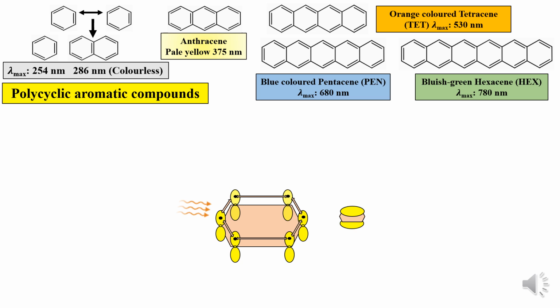When the right amount of energy provided by the UV visible radiation strikes the polycyclic aromatic compound, the loosely held pi electrons absorb the energy provided by the UV visible radiation, and they undergo transition from the ground state to the excited state.